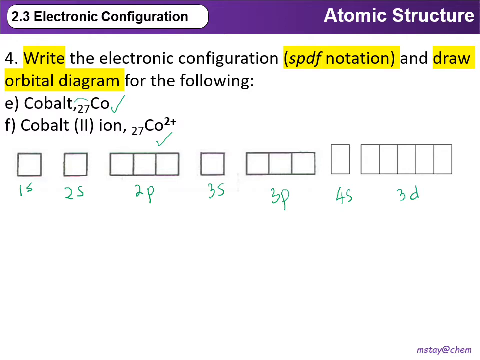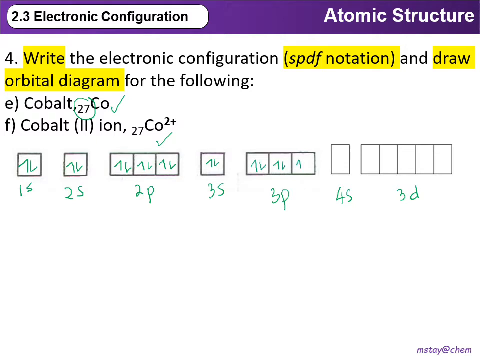We have 27 protons, which means it has 27 electrons. So we fill up the 1s orbital, 2s orbital, 2p orbital, followed by the 3s orbital, and then the 3p orbital.